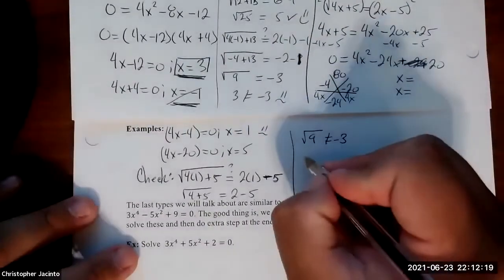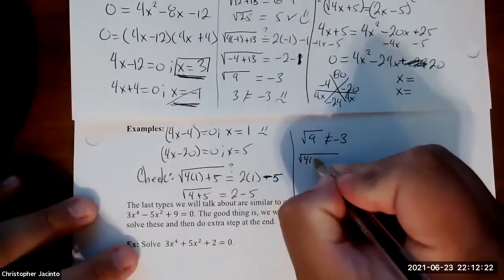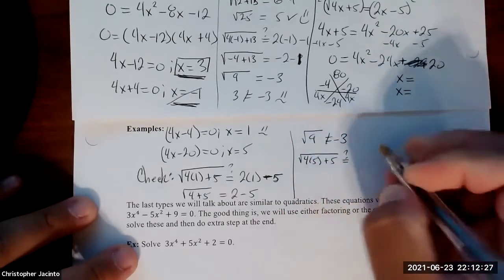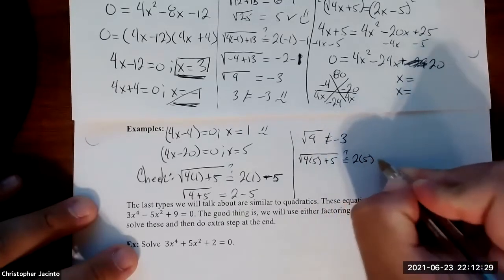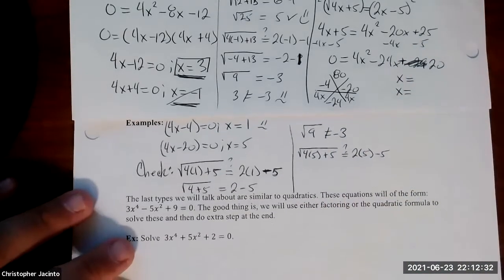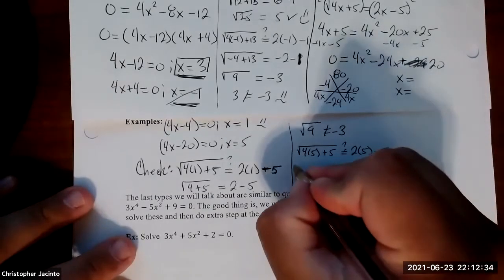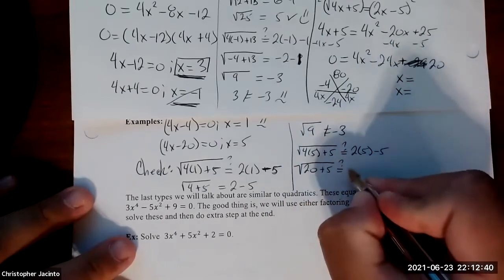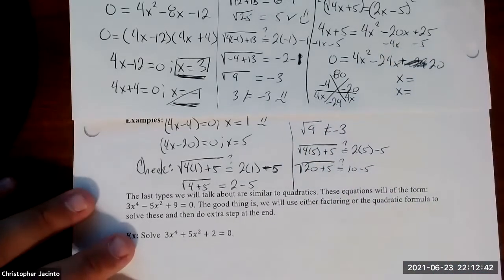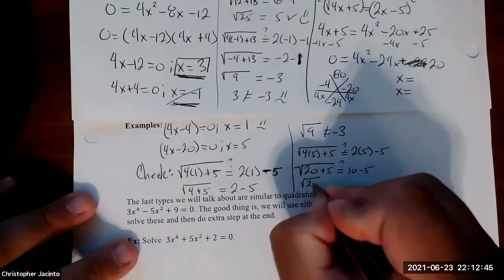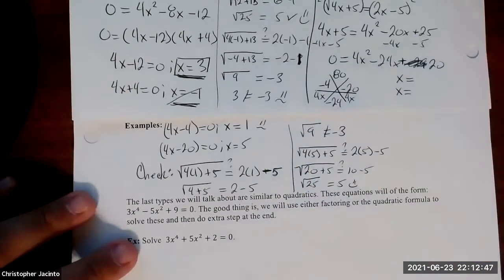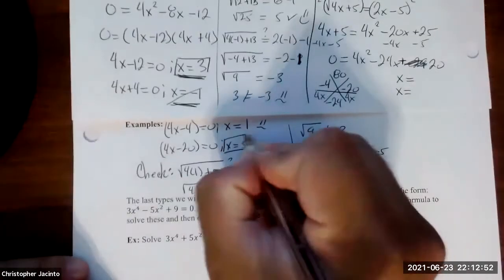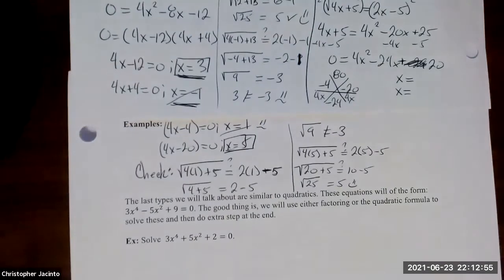So we'll check if 5 works. So 5 works, right? So only 5 is our answer. So not -1.